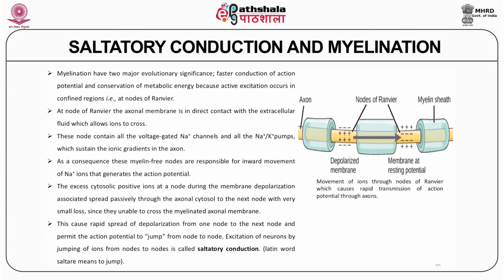This causes rapid spread of depolarization from one node to the next and permits the action potential to jump from node to node. Excitation of neurons by jumping from node to node is called saltatory conduction, which comes from the Latin word saltare, meaning to jump.